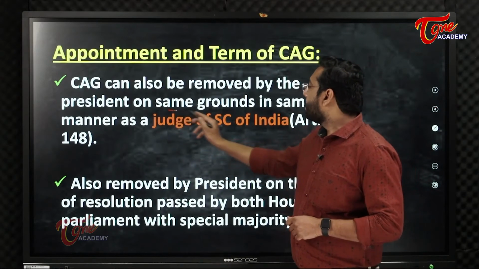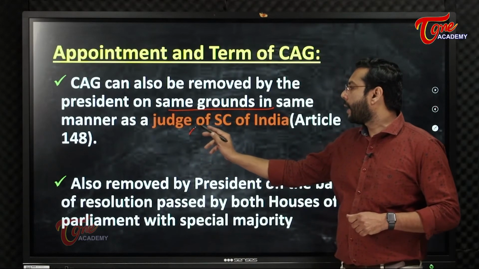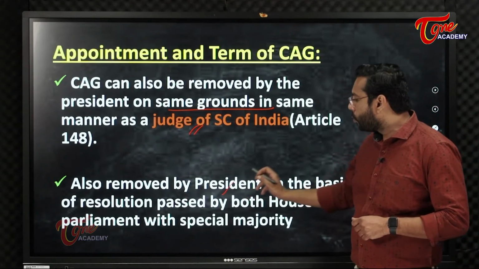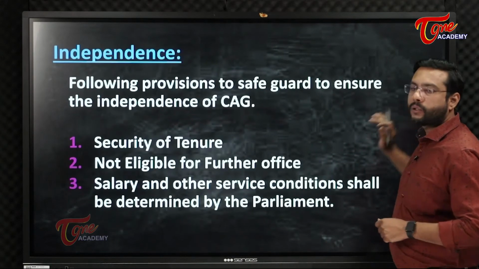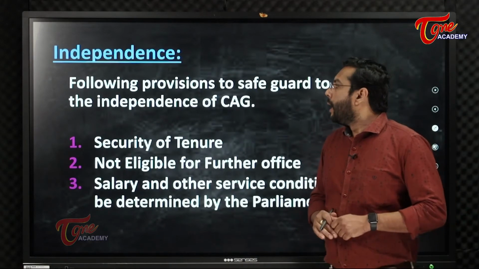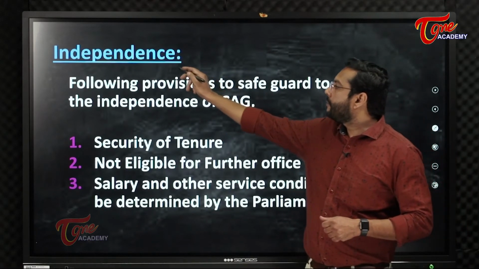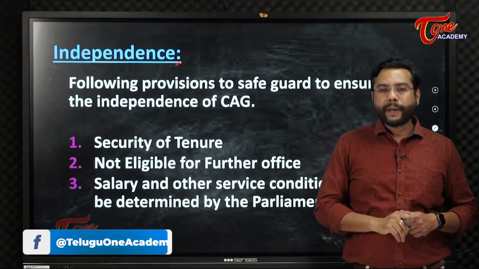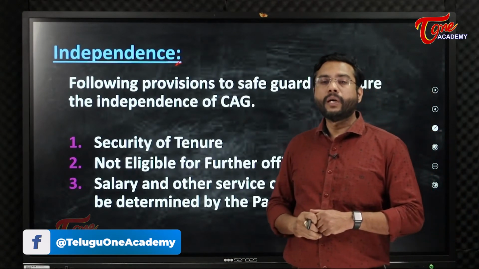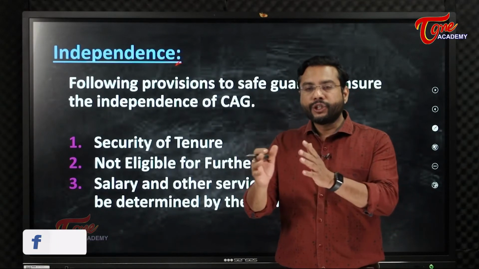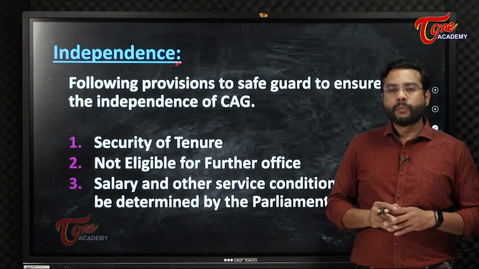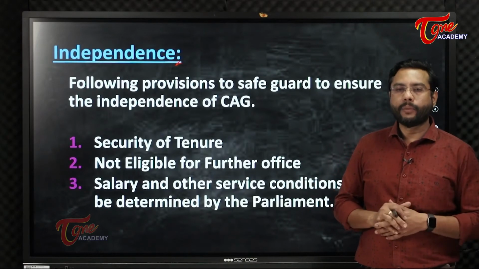He is removed on the same grounds as a judge of the Supreme Court. He can also be removed by the president through a process, not at the will and wish of the president. And these are the things why we say the CAG is an independent office, given a lot of authority and power to have a check on the spending of the governments, both central and state governments.